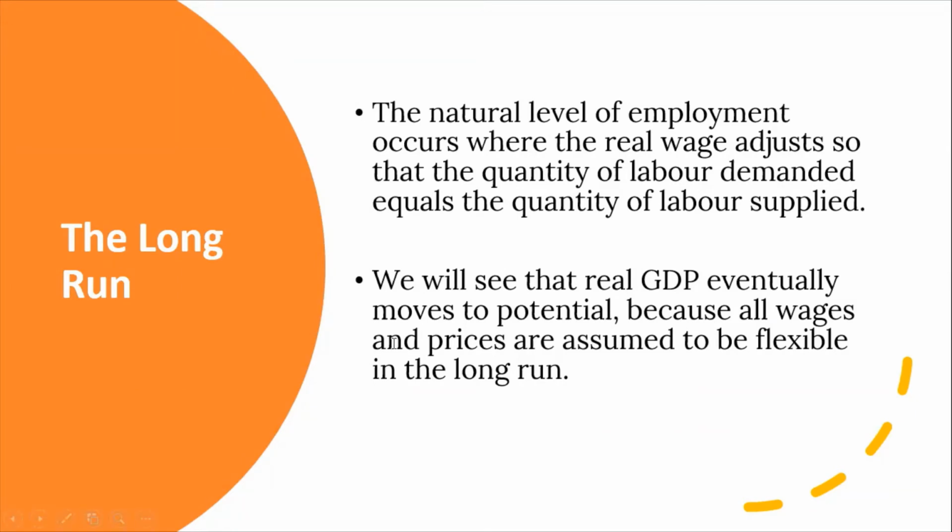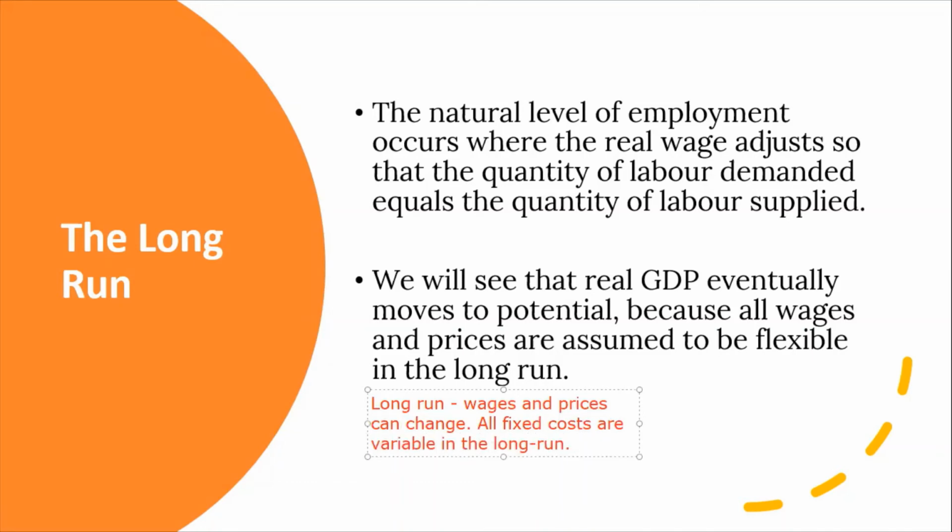So real GDP reaches potential because wages and prices are assumed to be flexible in the long run. A big difference between the long run and short run is that in the long run wages and prices can change, and all fixed costs are variable. In the short run, wages and prices are not that flexible, and fixed costs are not variable.